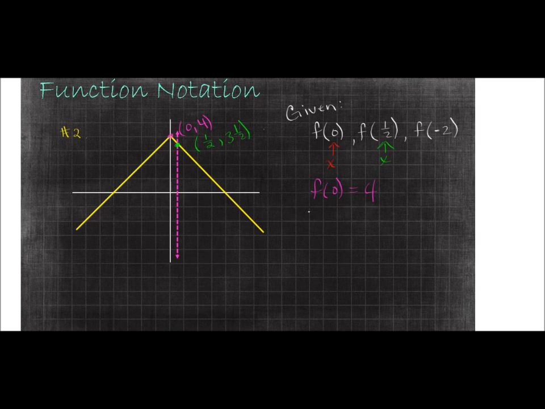So using this picture, I could tell you that for an input value of 1/2 on this function, I would have to have a y coordinate of 3 and 1/2. Now this last example, same thing. If we have a -2, I end up at a coordinate of -2, 2. Which means my final function, f of -2, equals 2.